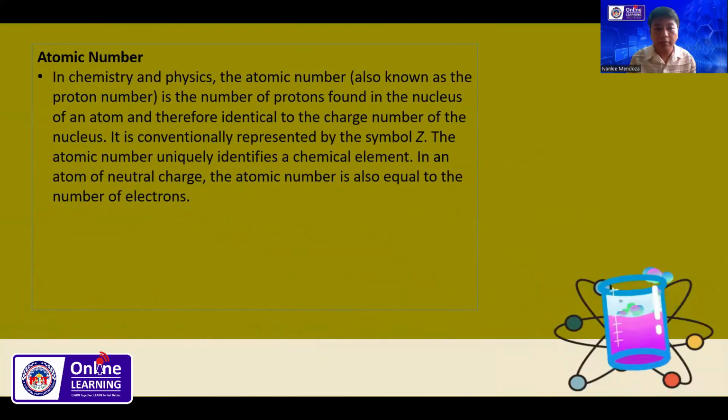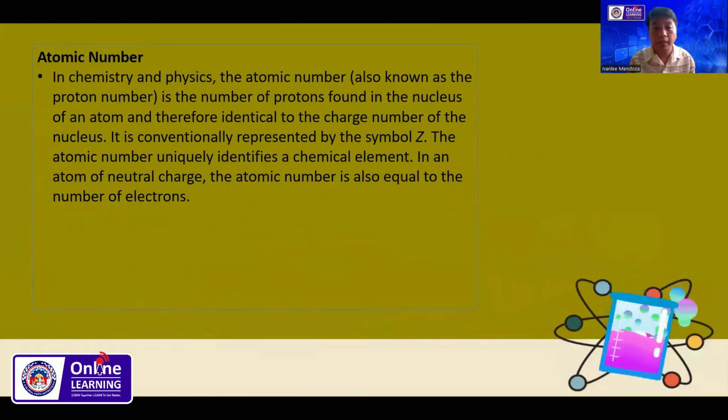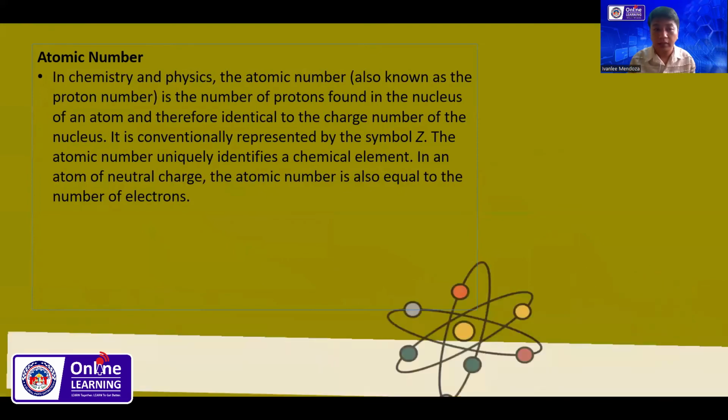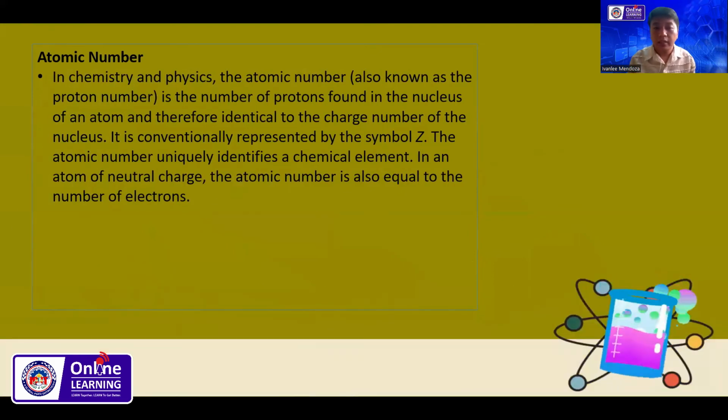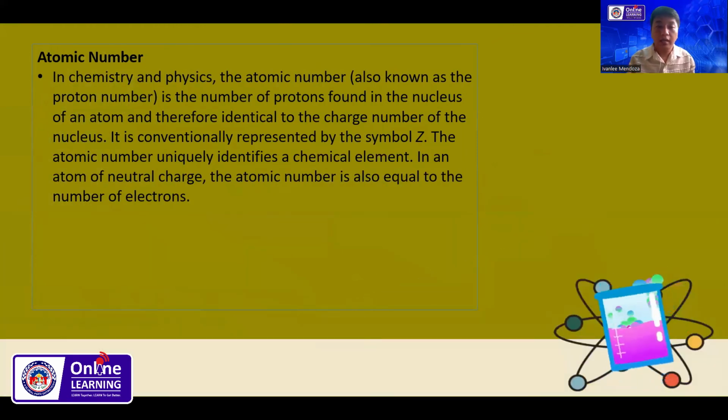Then the last one, we have the atomic number. In chemistry and physics, the atomic number, also known as the proton number, is the number of protons found in the nucleus of an atom and is therefore identical to the charge number of the nucleus. It is conventionally represented by the symbol Z. The atomic number uniquely identifies a chemical element.